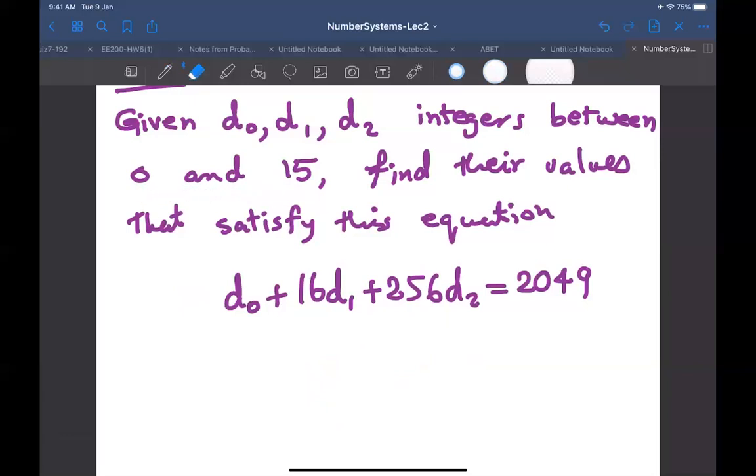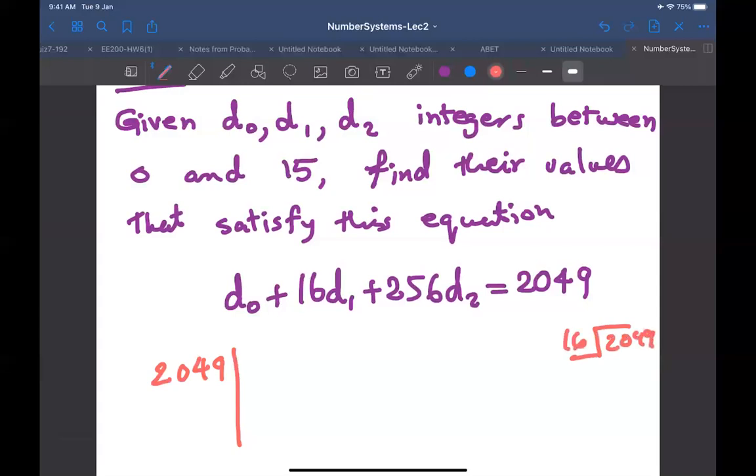Who can remind me of the procedure? Divide by 16 and look for the remainder. Excellent. So we divide 2049 by 16.